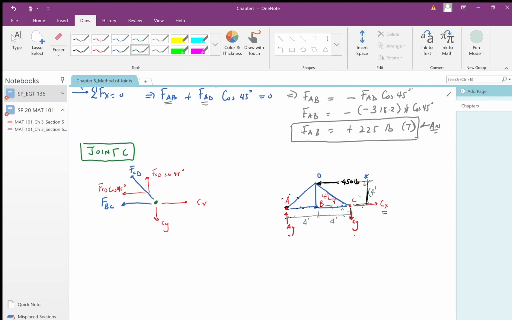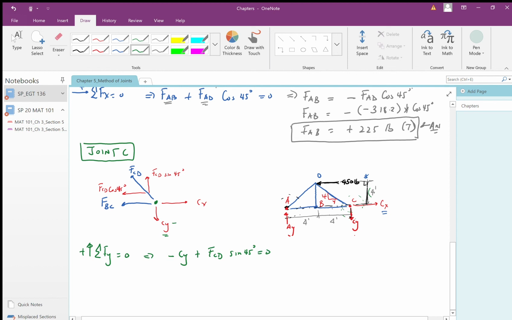Okay, so in doing so, now I can say the sum of the forces in the y direction equals 0. I'm going to get a negative CY right from here, plus FCD sine 45 degrees equals 0.